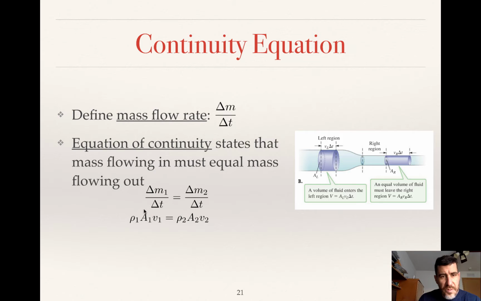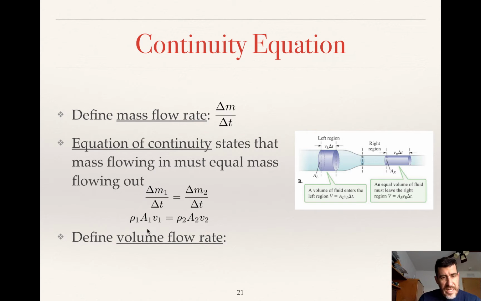If we do a little bit of math, the amount of mass flowing through one point in this time interval equals the amount of mass flowing through the other point in the same time interval. So the density at point 1 times the cross-sectional area of the pipe at point 1 times the fluid speed at point 1 equals the density times area times speed at point 2.